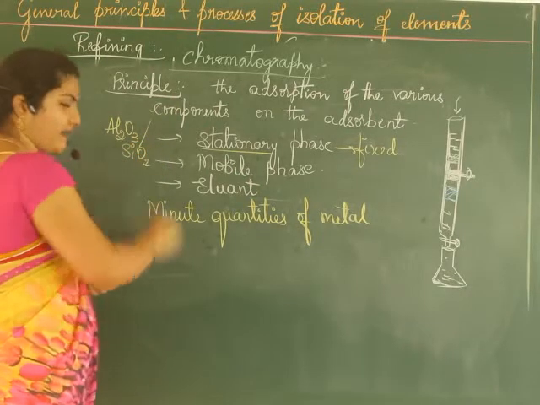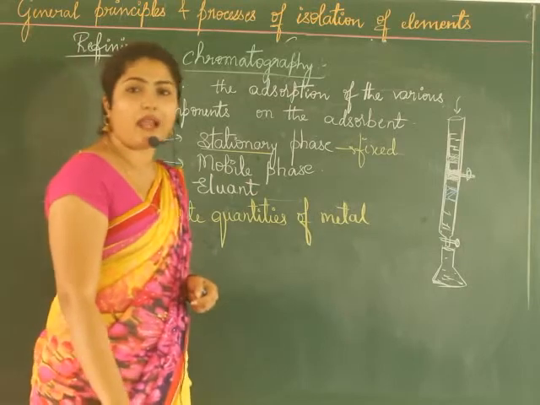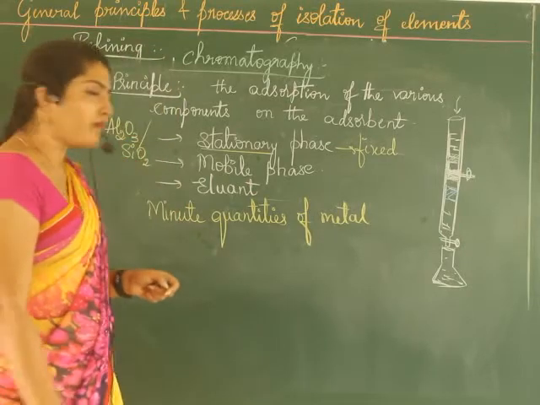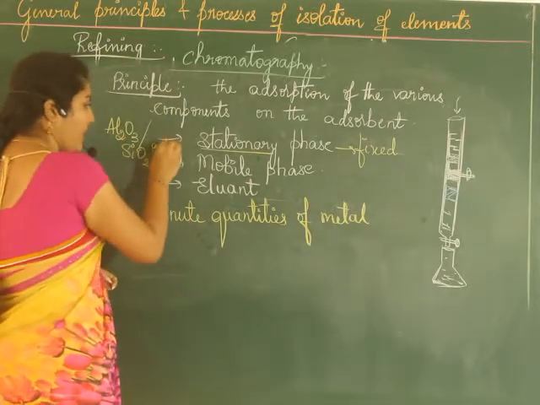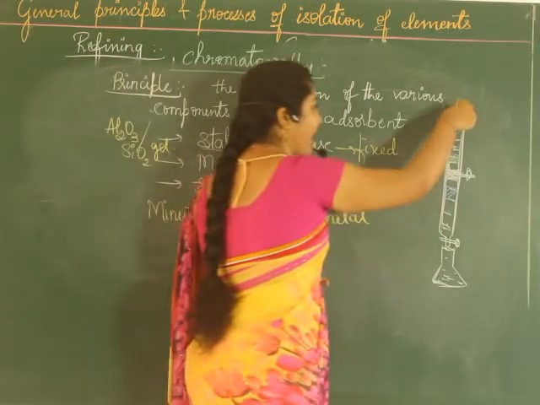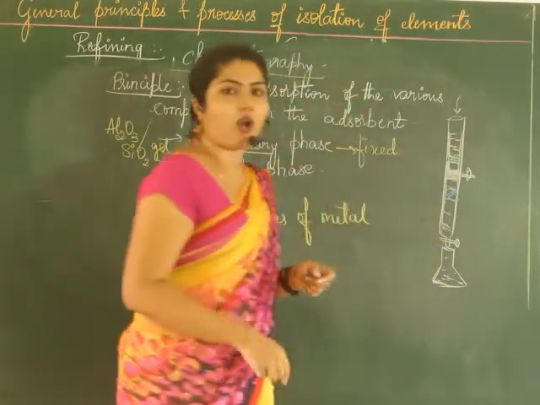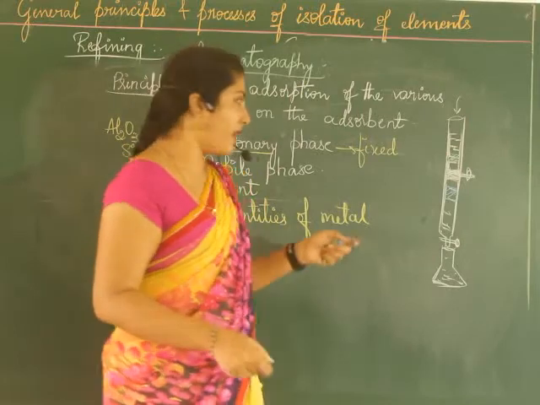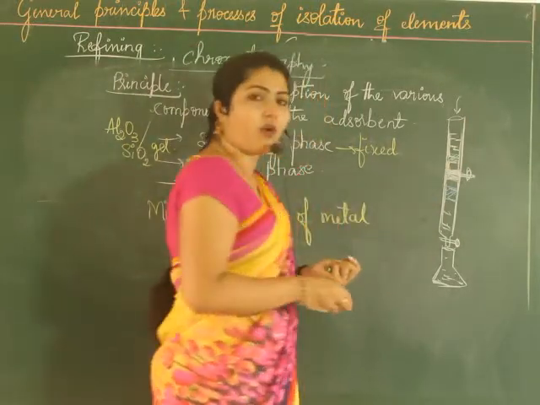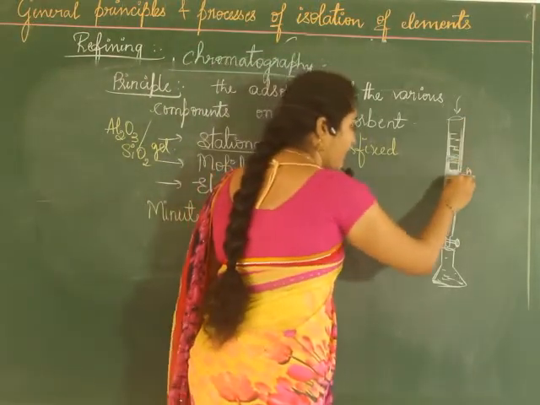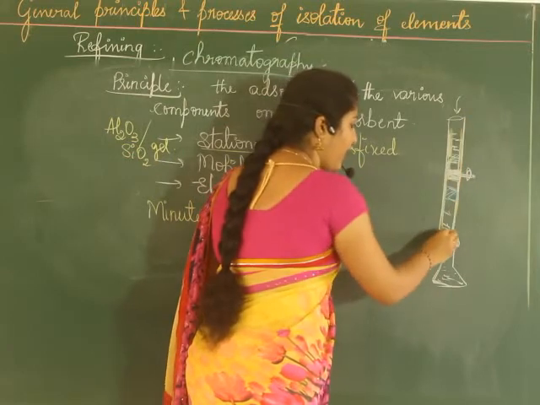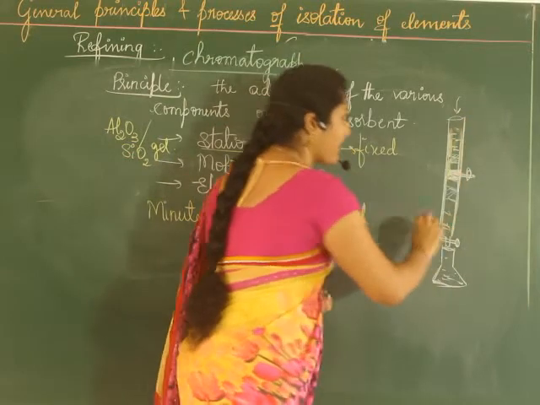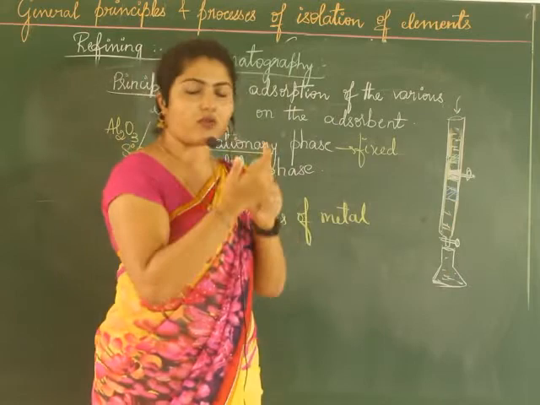Silica gel or aluminium gel is prepared. The gel is added to the column, and it forms a layer around.